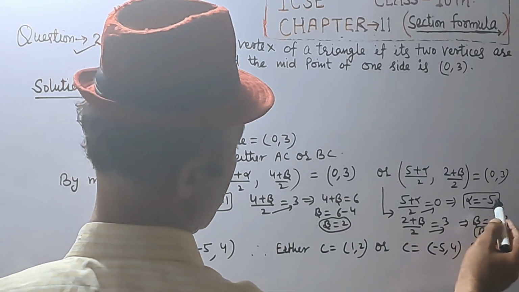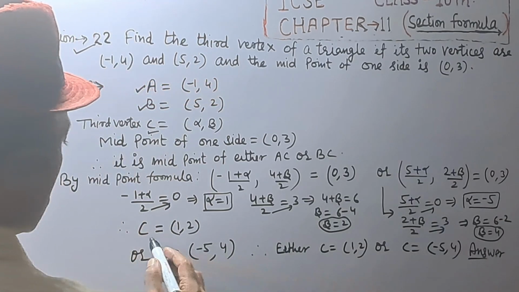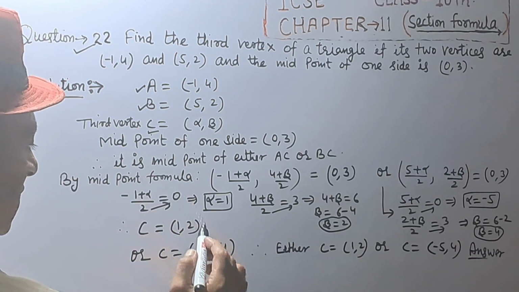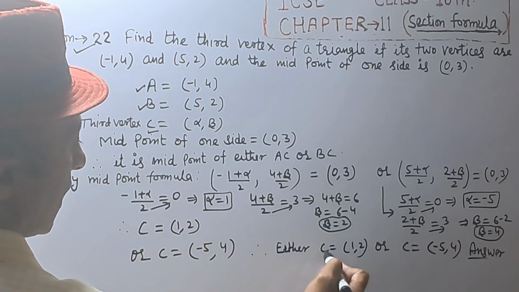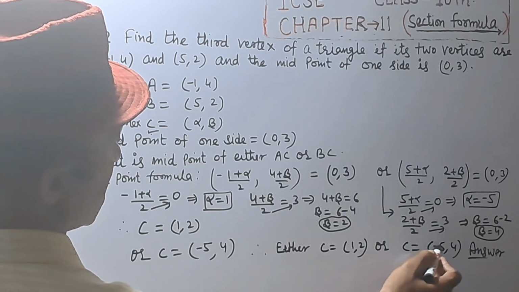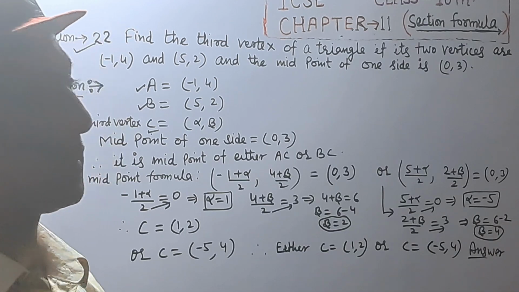Alpha = -5 and beta = 4. So the required vertex C is either C = (1, 2) or C = (-5, 4). Answer. Thank you.